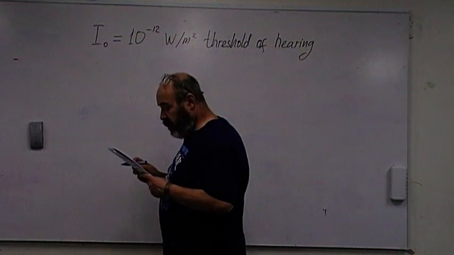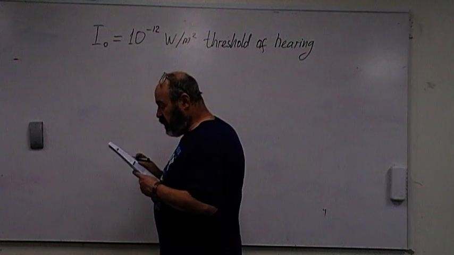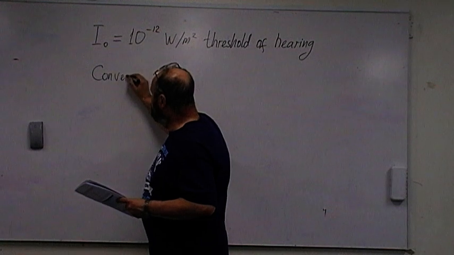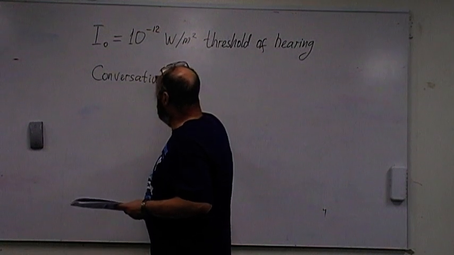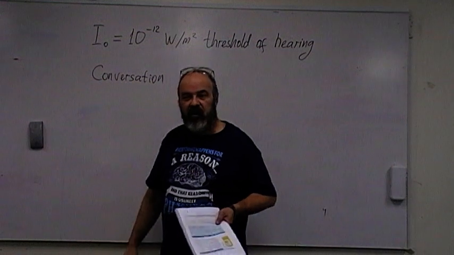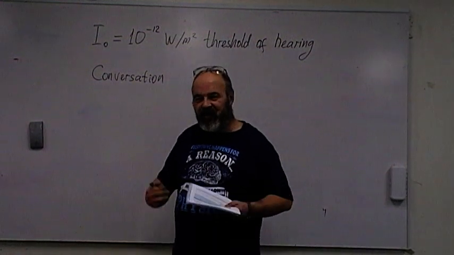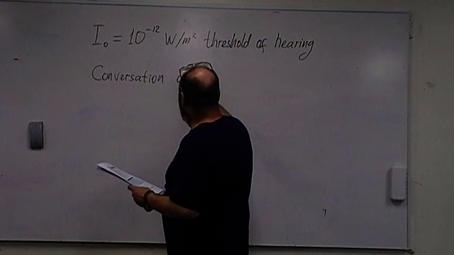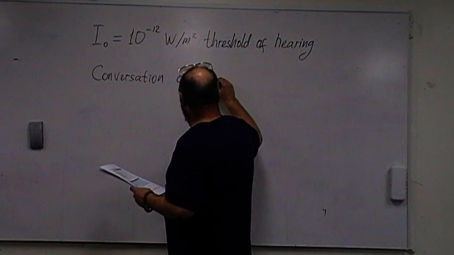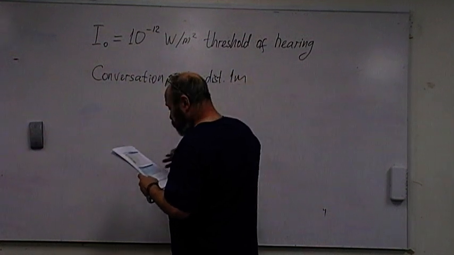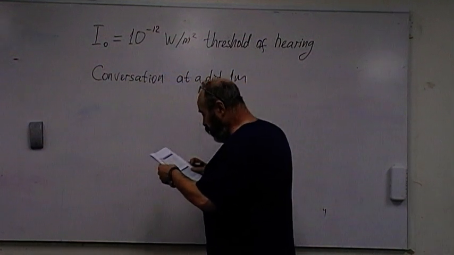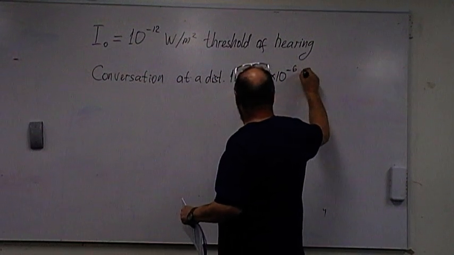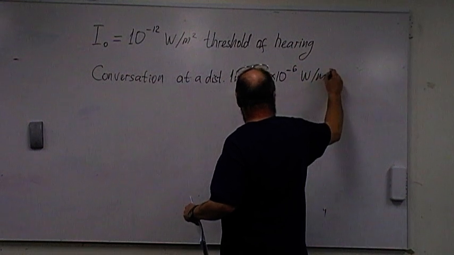And for example, conversation, just normal conversation, people just talking, not shouting. Conversation at a distance of 1 meter, the sound intensity will be about 3 times 10 to the negative 6 watts per meter squared.